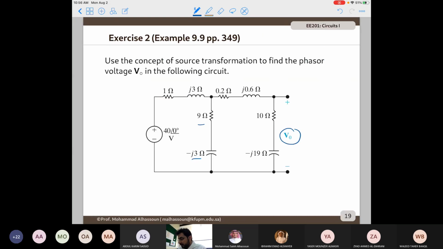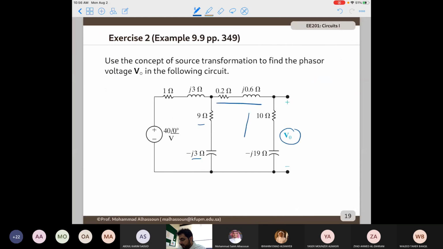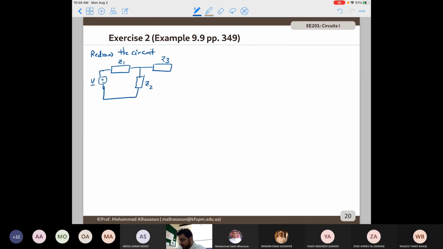Impedance 3 is going to be 0.2 plus J0.6. And impedance 4 is going to be 10 minus J90. And remember, you're asked to find V naught here, the voltage across impedance 4.